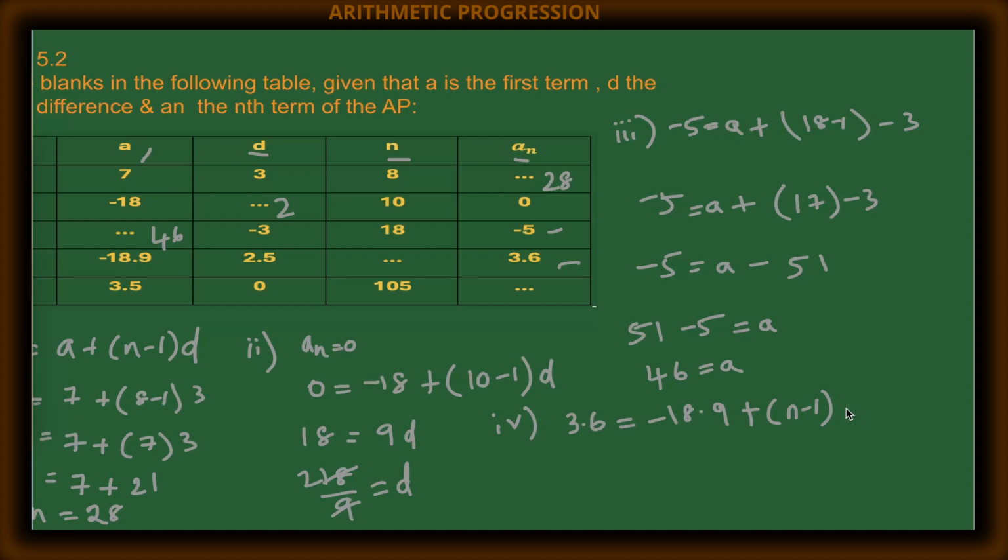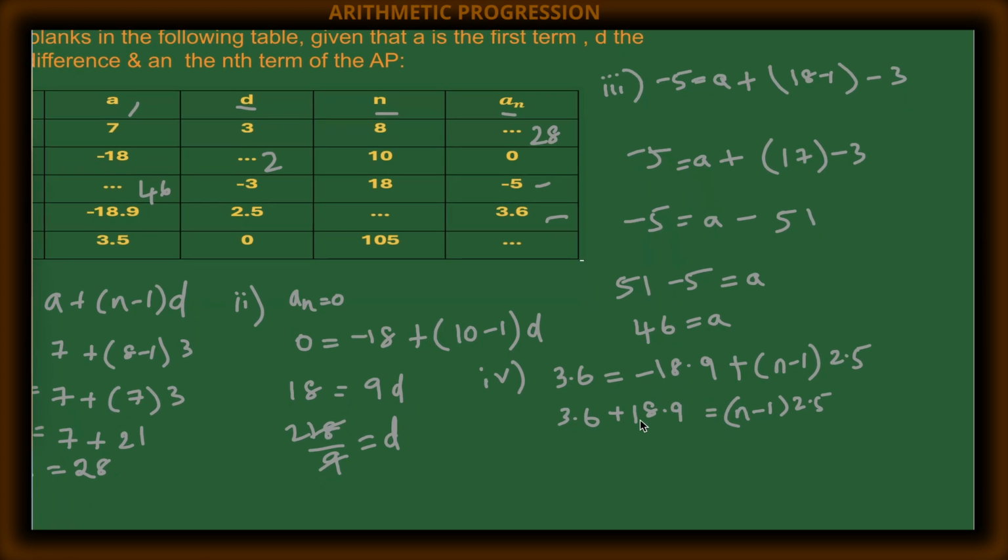Is d given? Yes, d is given as 2.5. Okay, so 3.6, if you bring it here, 18.9 if you bring it here becomes plus, is equal to n minus 1 into 2.5.